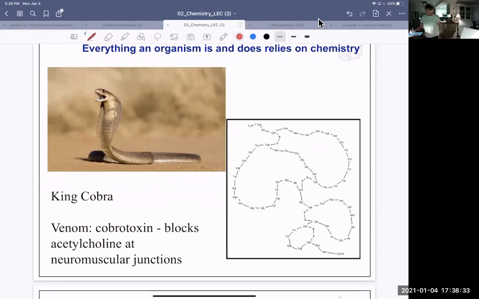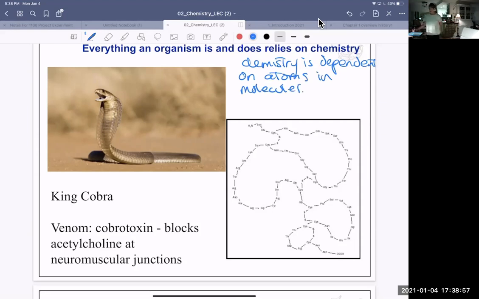And chemistry is dependent on atoms. On atoms and molecules.